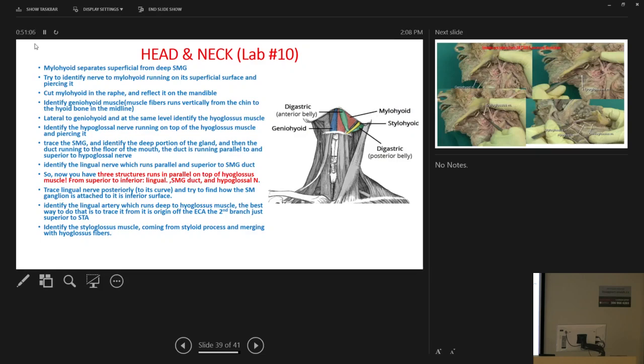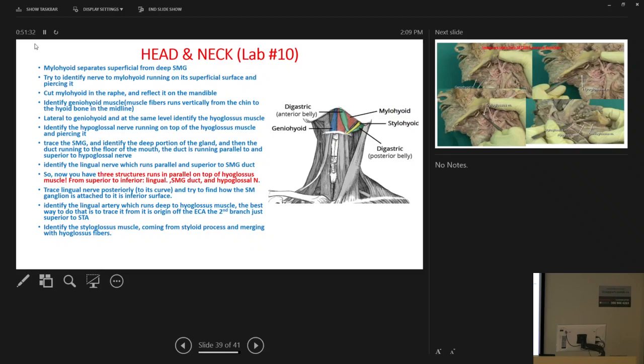And the last time we visited that area, right? So here we have the mylohyoid muscle making the floor of the mouth from each side, right? And we have the digastric in green here. This is the digastric. It has an anterior belly and a posterior belly, and they are attached to an intermediate tendon right here. Good. And this is the mylohyoid.